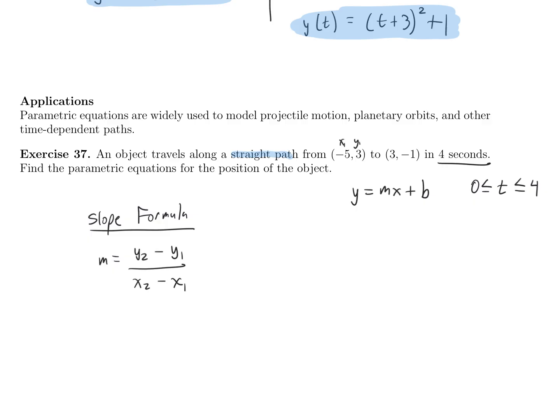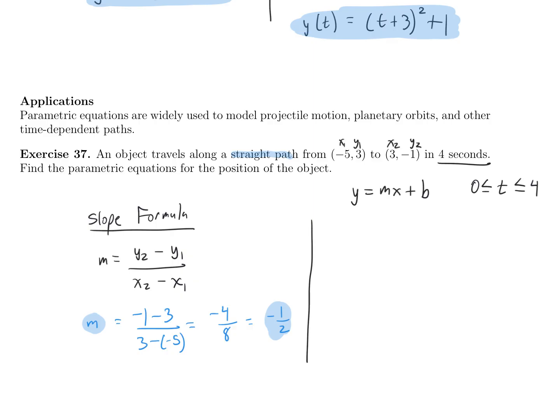Here's your x1, y1, x2, y2. So now let's find our slope. We're going to have -1 minus 3 over 3 minus -5. Careful with those double negatives. You should get -4/8, which is -1/2. All right, double check that. So we got the slope of the line.